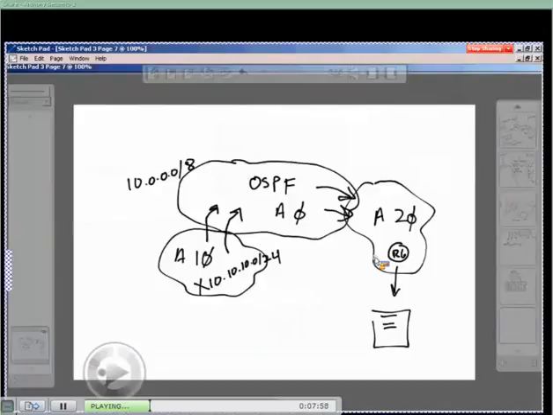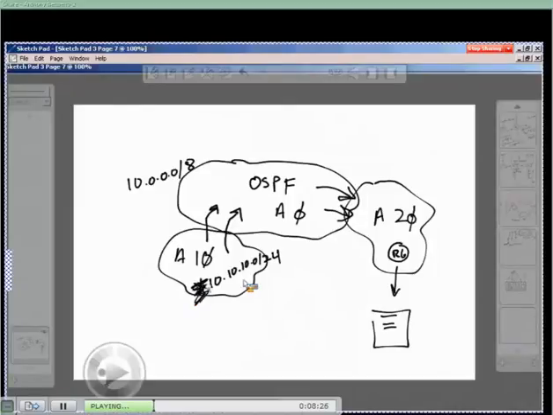So this is called reducing the size of our convergence domain. So when there is some change, some prefix adjustment, it doesn't necessarily have to be advertised to the whole world when we're summarizing, and this can dramatically lead to efficiencies in the implementation.